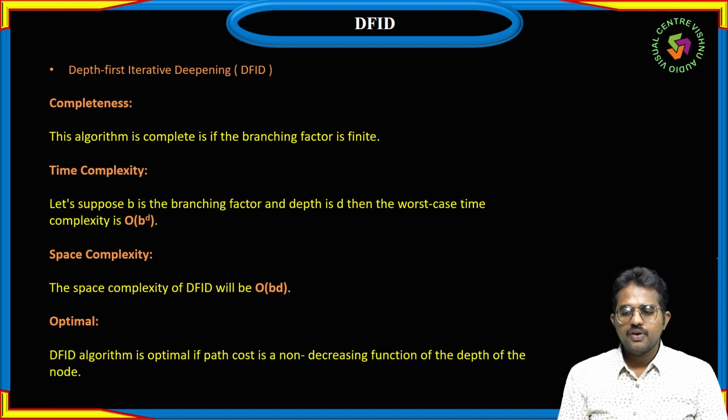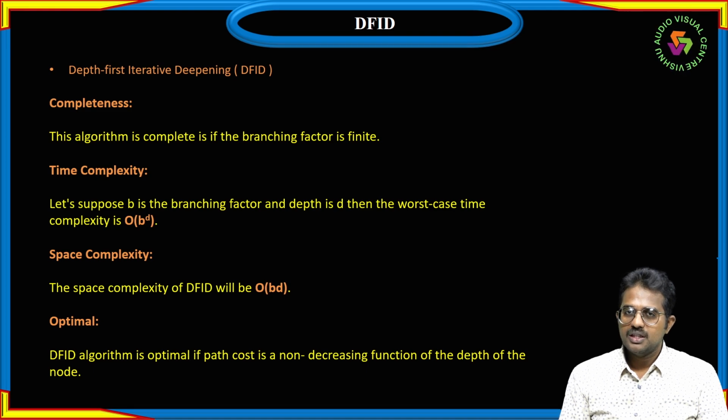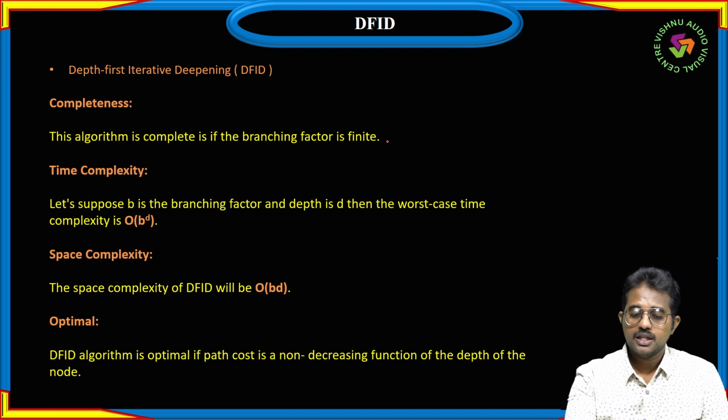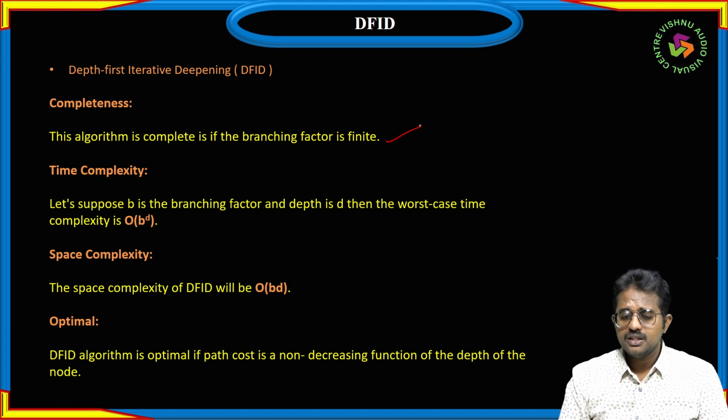Coming to the performance evaluation of depth first iterative deepening. This particular algorithm, we can say, is infinite, because until the goal node is found, we are going to increase the depth limit and keep on searching for the goal node. By taking these considerations, we can say this DFID is complete.